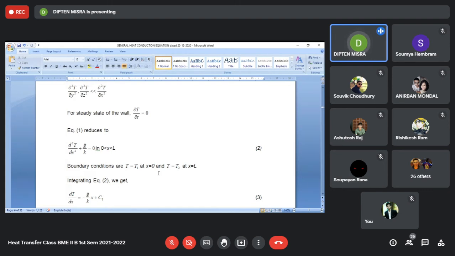There may be some problems where this linearity does not exist. For example, think of the original term from which this k came. It was there as d/dx of k dt/dx.